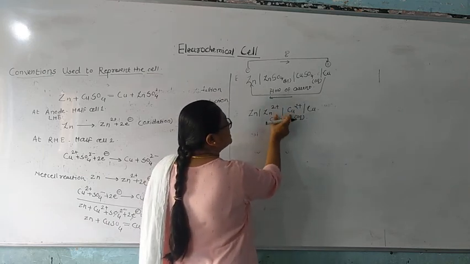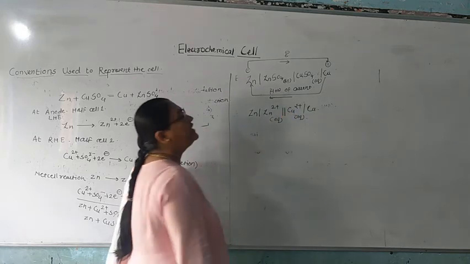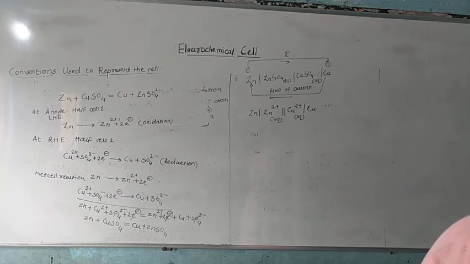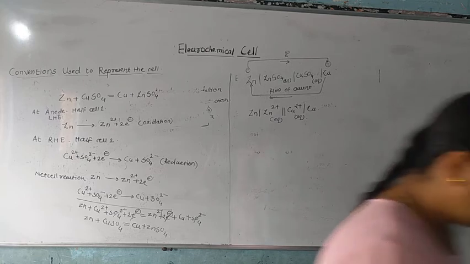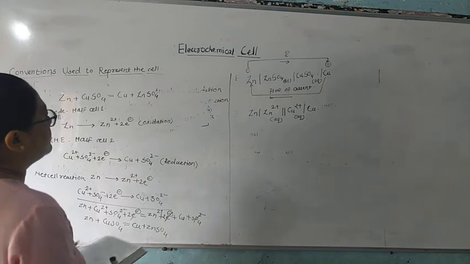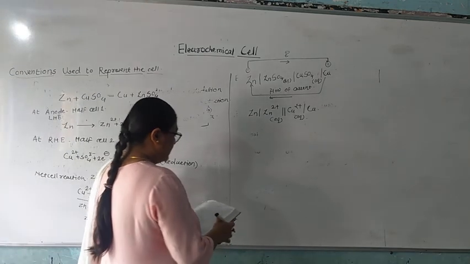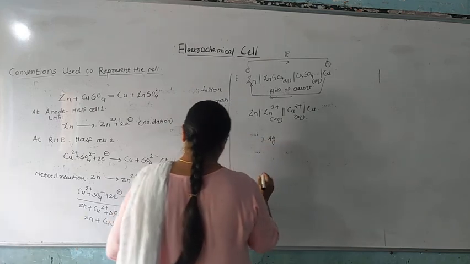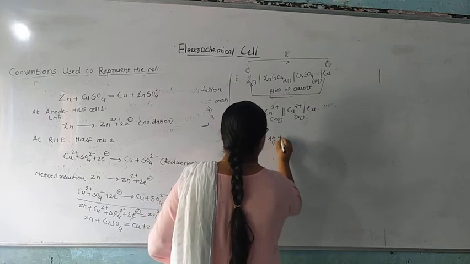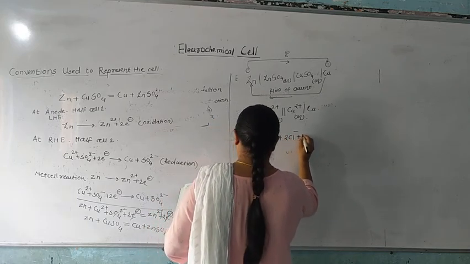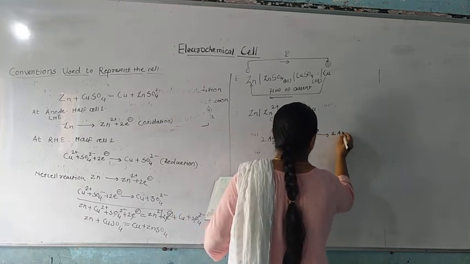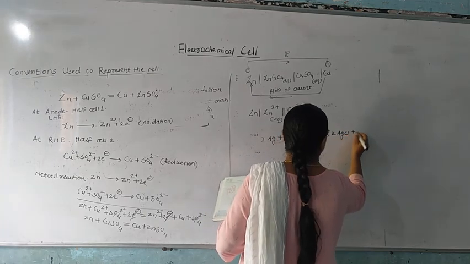If these two solutions are in indirect contact, therefore a double line has to be given. Now let's take an example. See, we have been given the reaction: twice of silver plus, twice of Cl minus, plus copper 2 plus gives rise to twice of silver chloride plus copper.